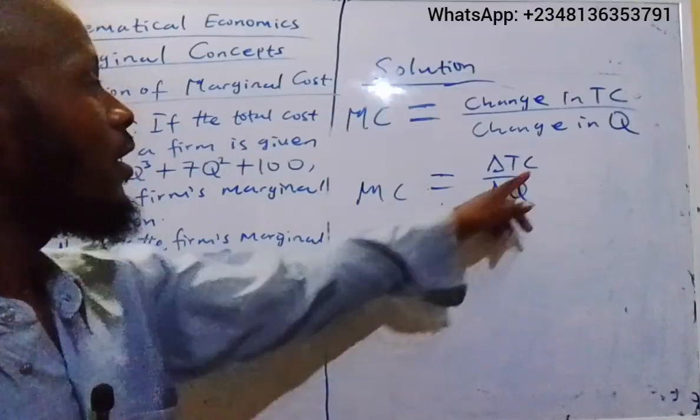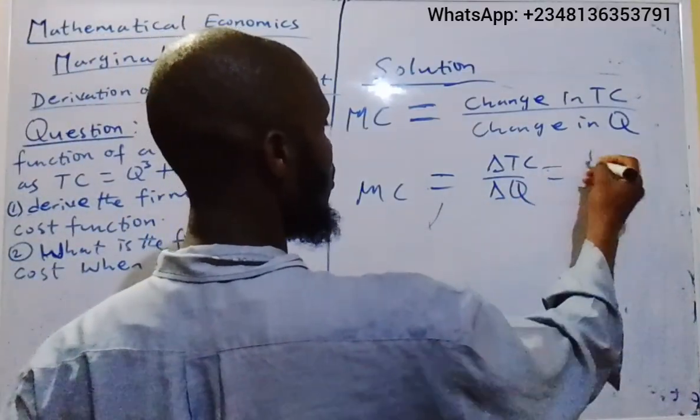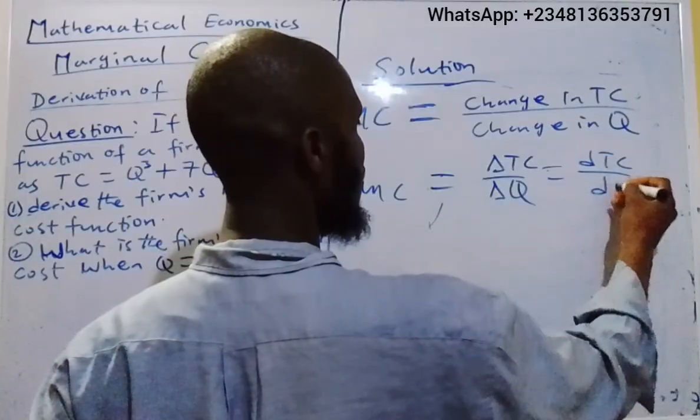And you know this change in TC over change in Q is equivalent to dTC/dQ.